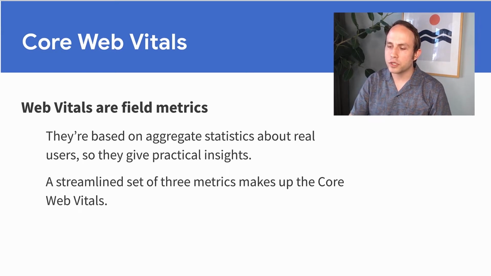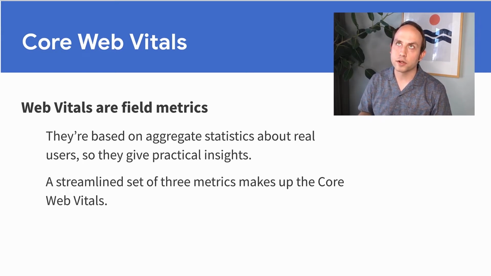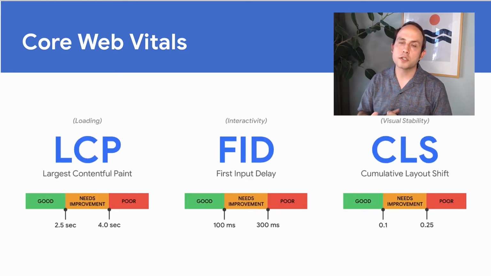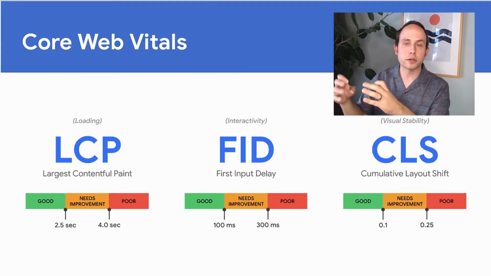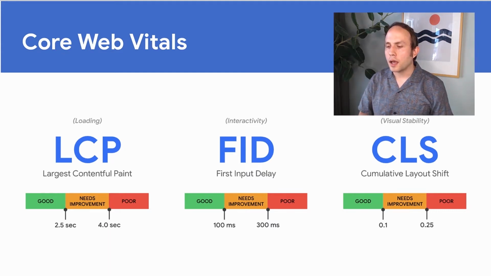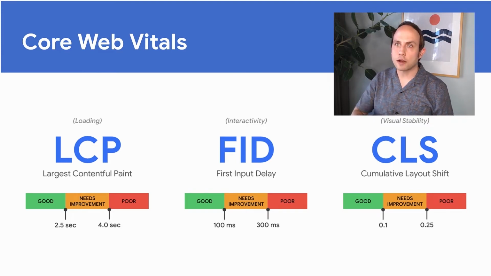I won't go too in depth on what the Core Web Vitals are, but broadly speaking, they are how long does it take to paint the biggest thing on the screen during load? How long does it take before your JavaScript is interactive, before your site can be interacted with?